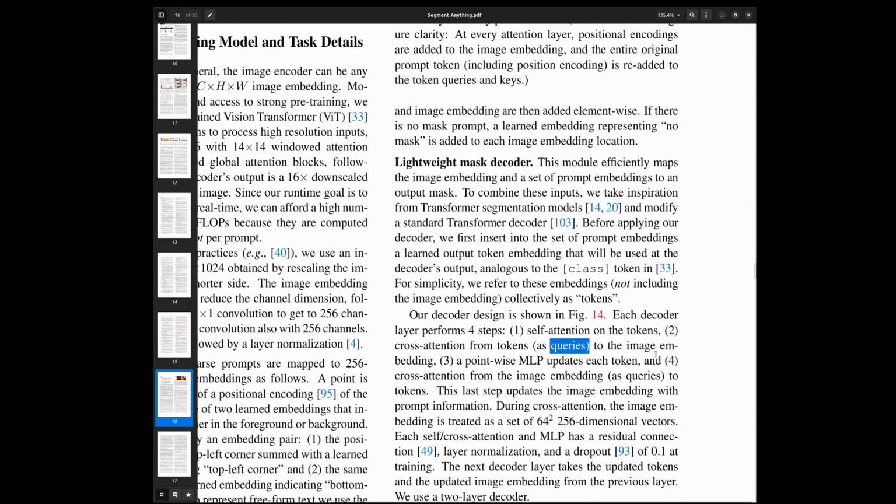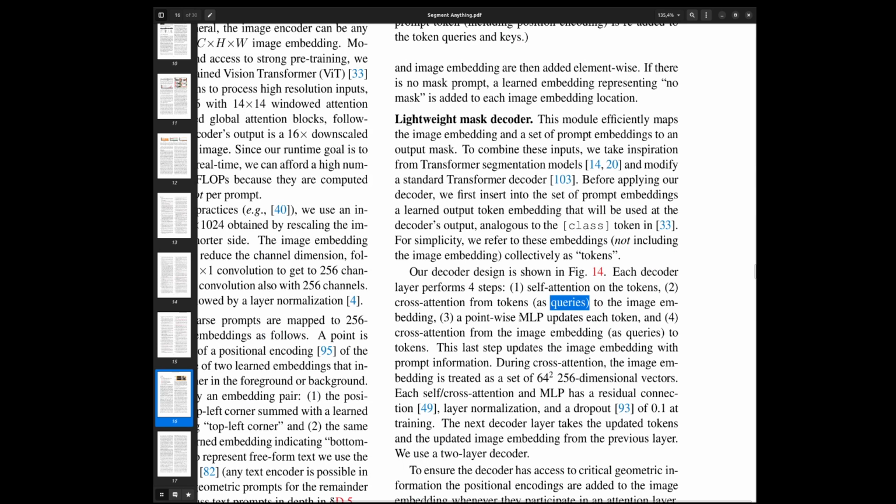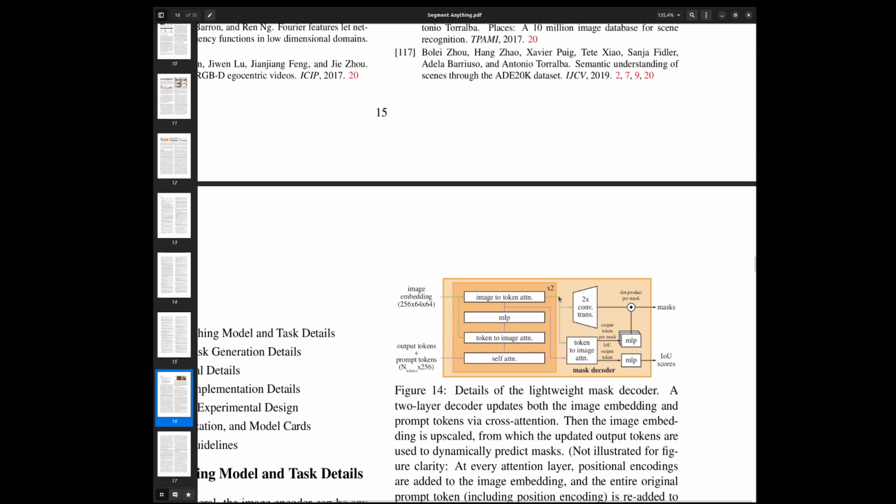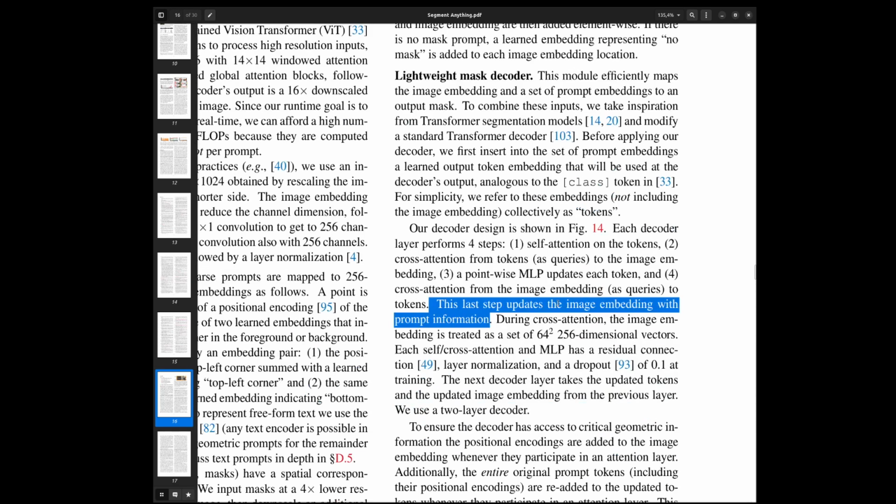A pointwise MLP updates the tokens, and cross attention from the image embeddings as queries to the tokens. This last step updates the image embeddings with prompt information. So here we have the image embeddings that are updated with the prompt information. During cross attention, the image embedding is written, okay.